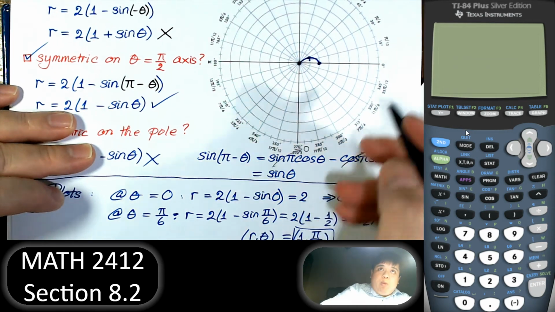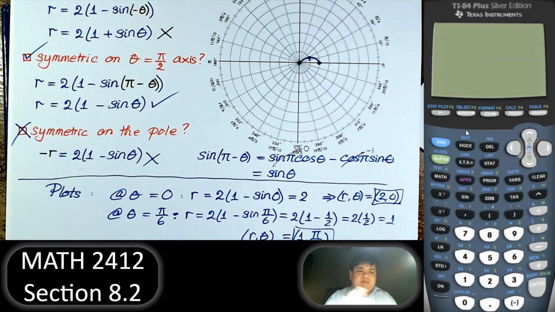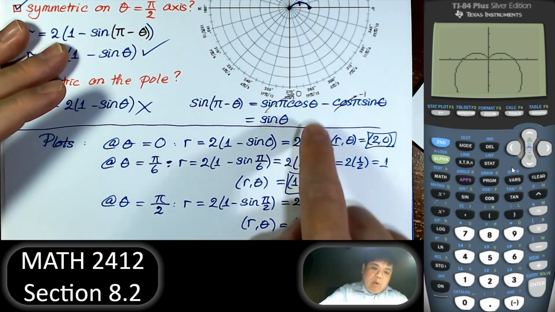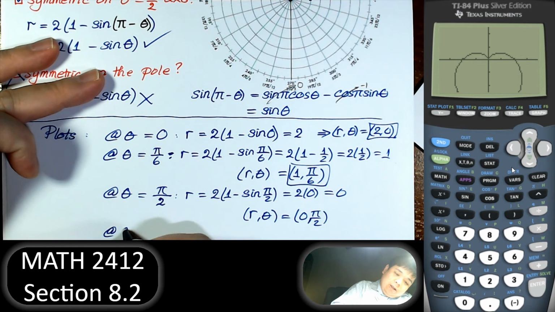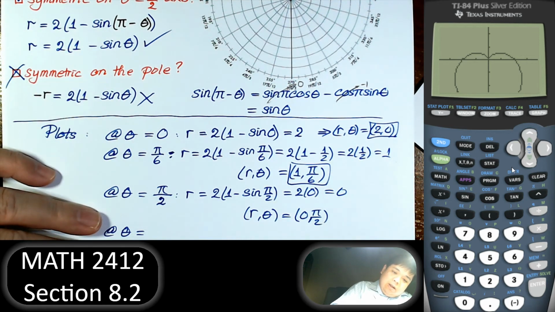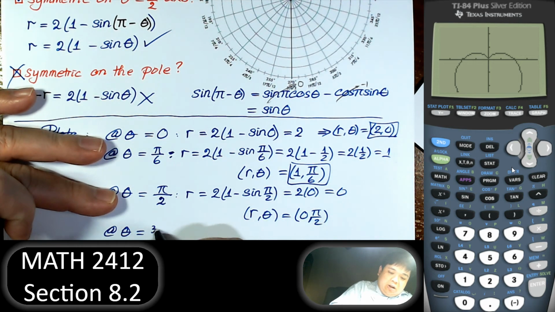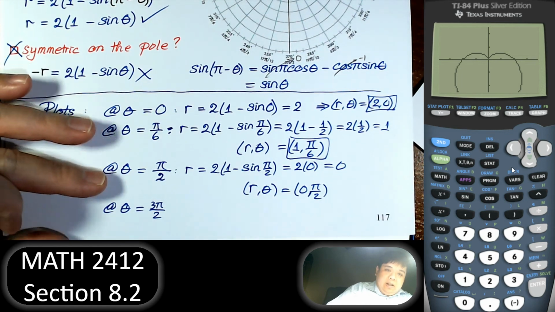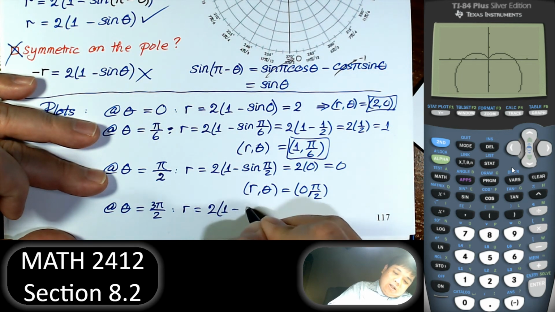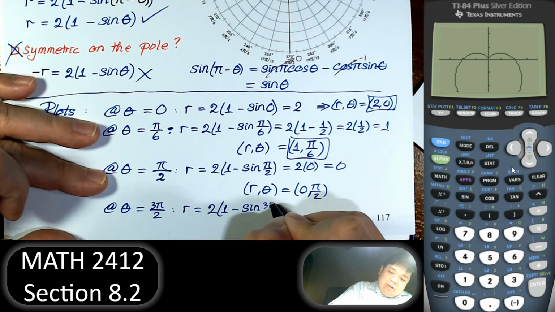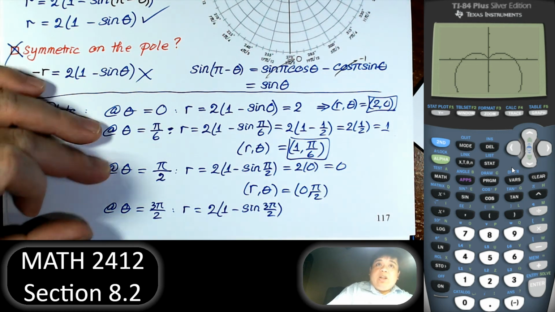If we choose more points, then we have the whole graph. Put everything together, we have the graph. And when theta equals 3 pi over 2, r is equal to 2 times 1 minus sine of 3 pi over 2. Sine of 3 pi over 2 is negative 1.